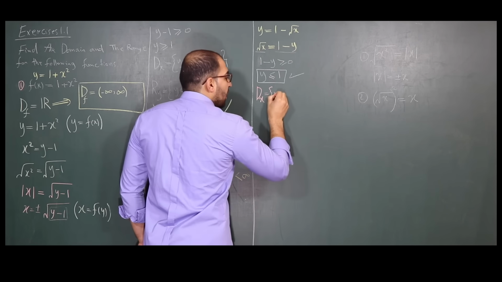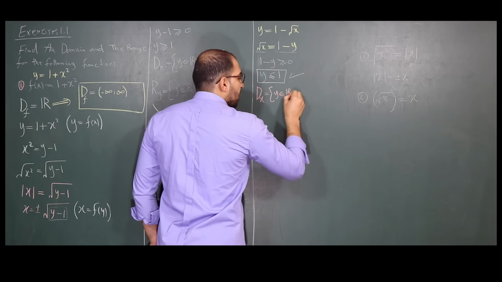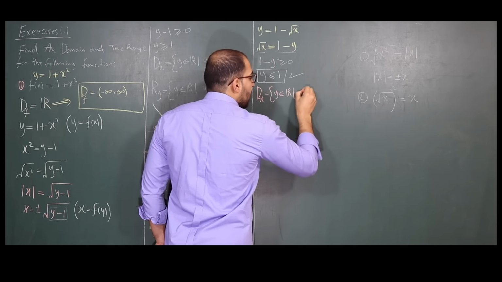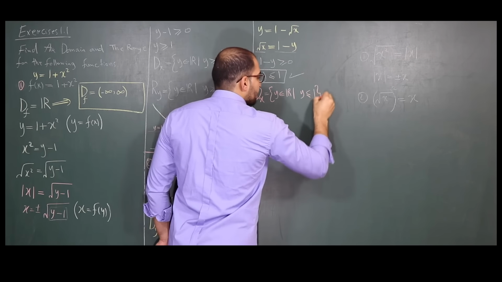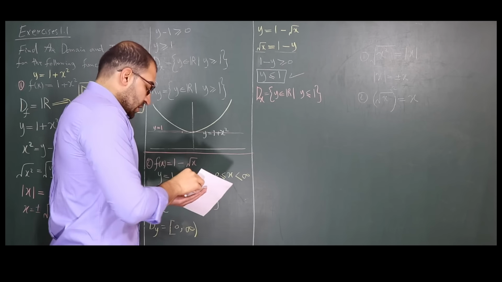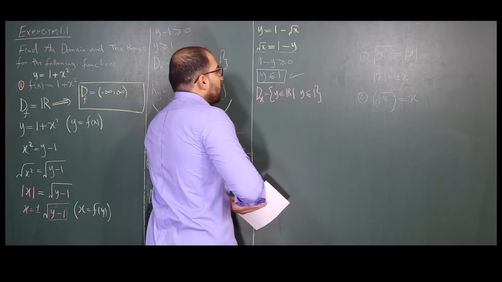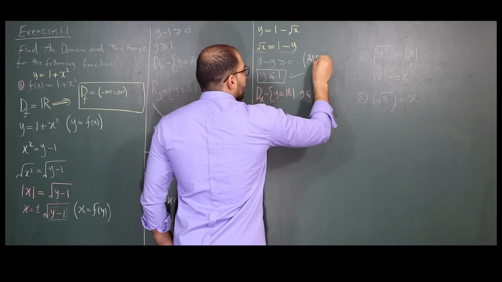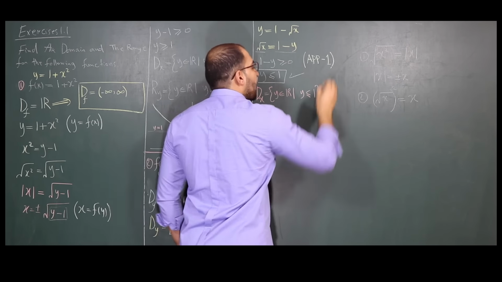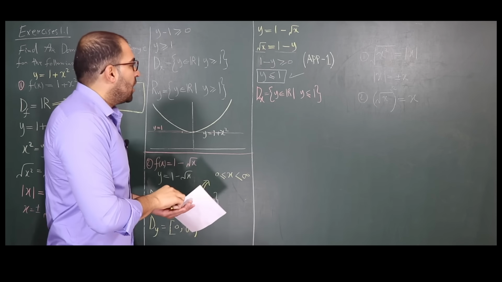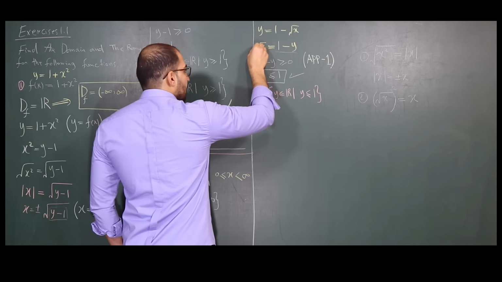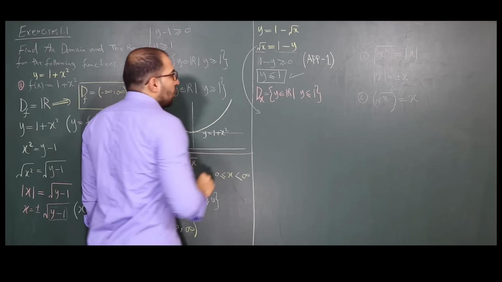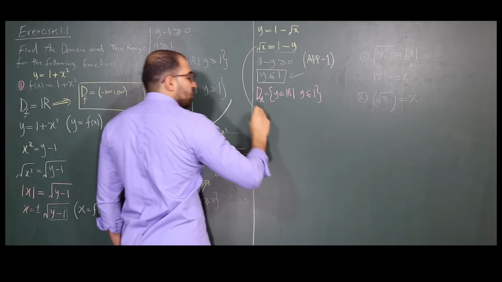So y belongs to the real line such that y is less than or equal to 1. Okay, this is approach 1, path 1. The other path, a student said, no, I'm going to find x, so I'm going to square.